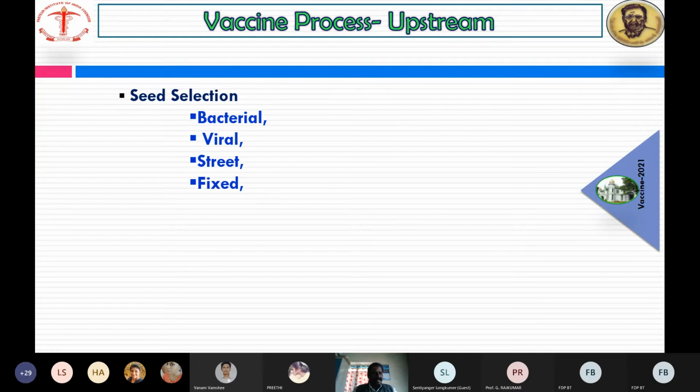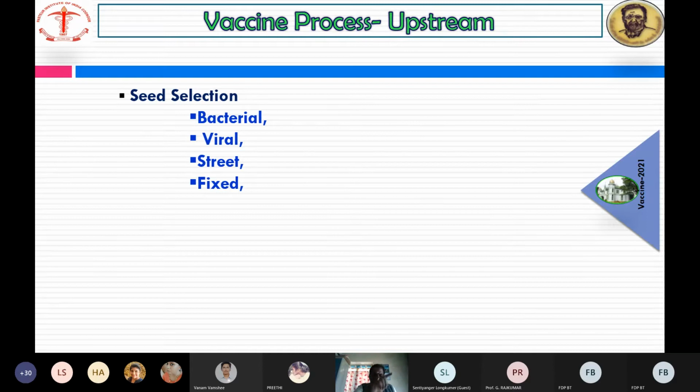Why do we need this passaging? During passaging, the pathogenicity, the disease-causing ability, automatically goes down. The first time it titrates at 10 to the 10, then drastically reduces to 10 to the 9, 8, 6, 5, then to 0.